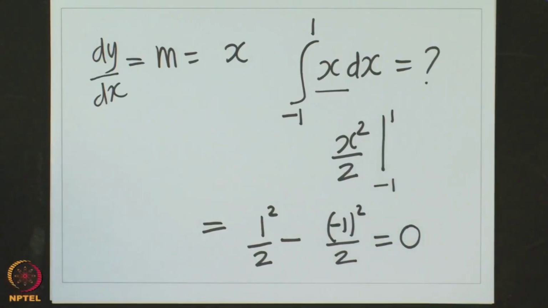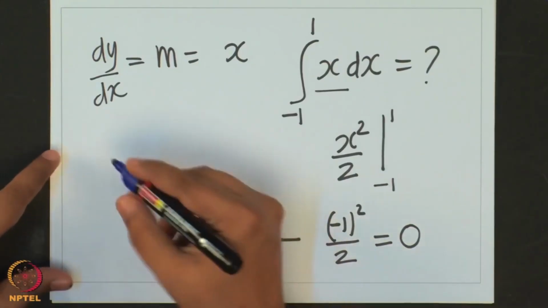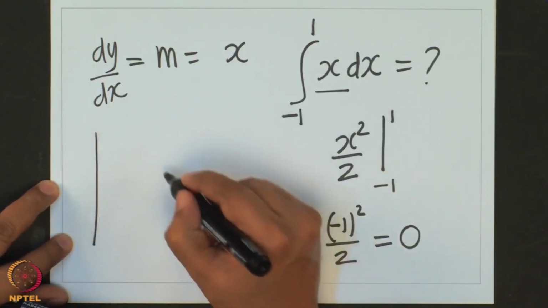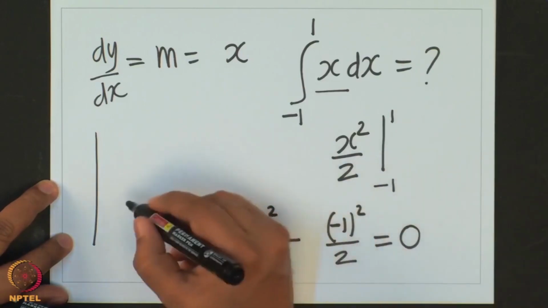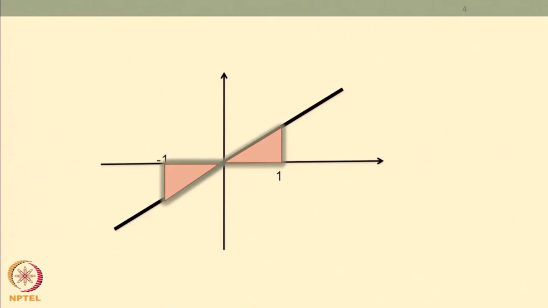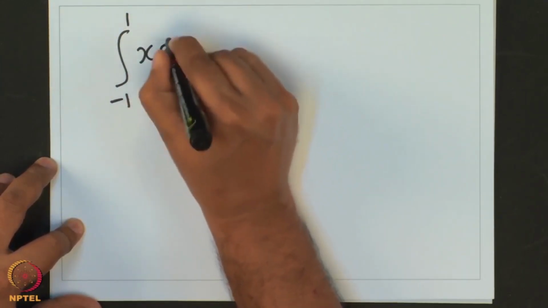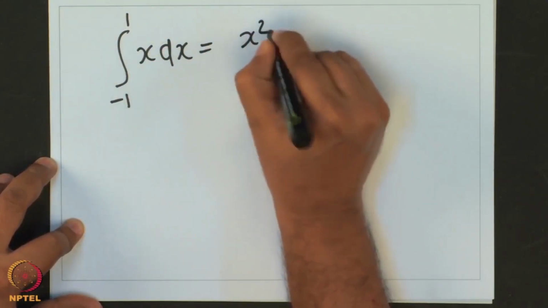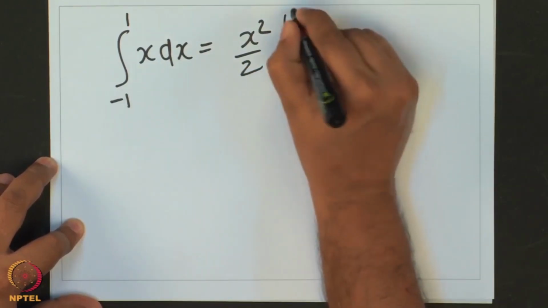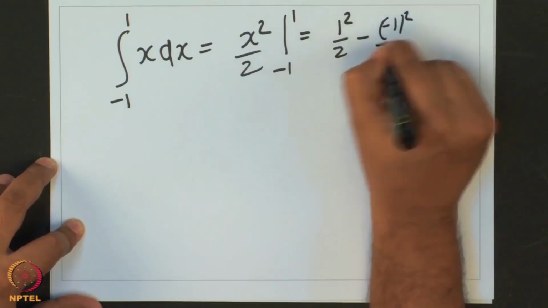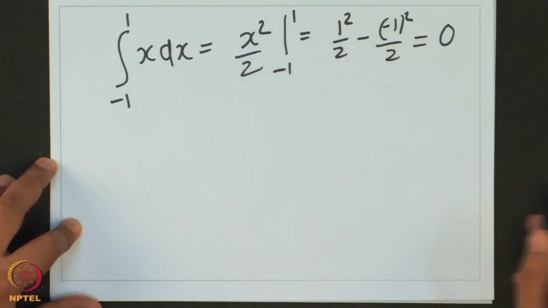Now let us think about the area, so let us draw the function here and understand this in terms of area. We have the integral from -1 to 1 of x dx, which is x squared by 2 with limits -1 to 1, which is 1 squared by 2 minus 1 squared by 2, which is 0.